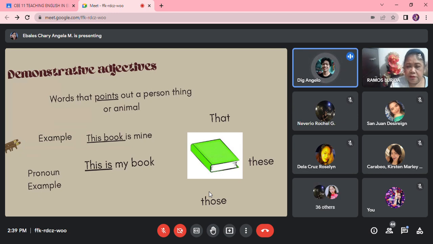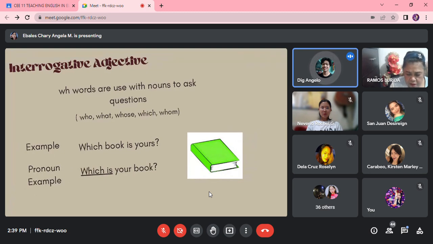So let me give you an example of a demonstrative pronoun: this is my book. Here, this is a pronoun, so you can see the difference in the two sentences. In the first one, the word this comes before book, which is a noun, and it is describing the noun, so it is an adjective. In the second one, it comes before is, which is a verb, so it is a pronoun. So next po.